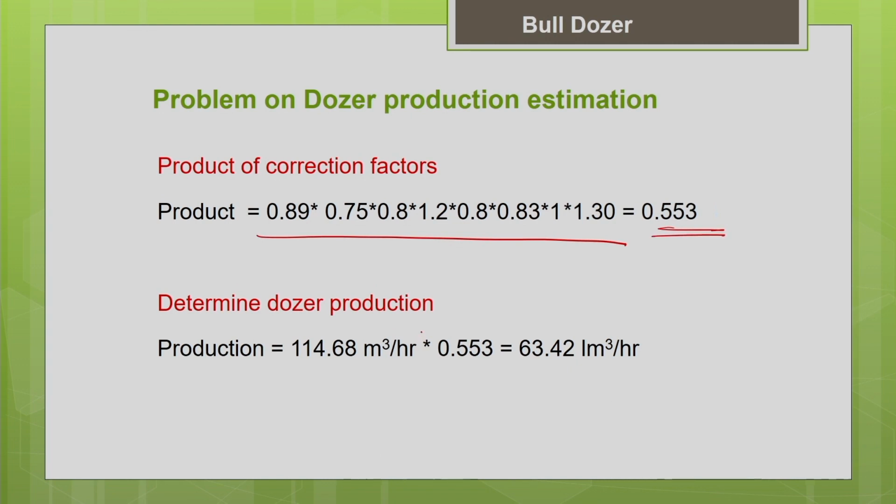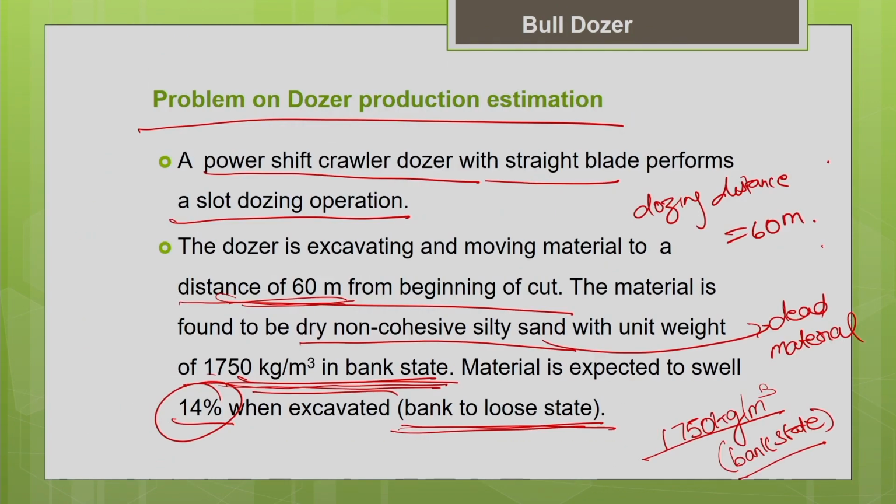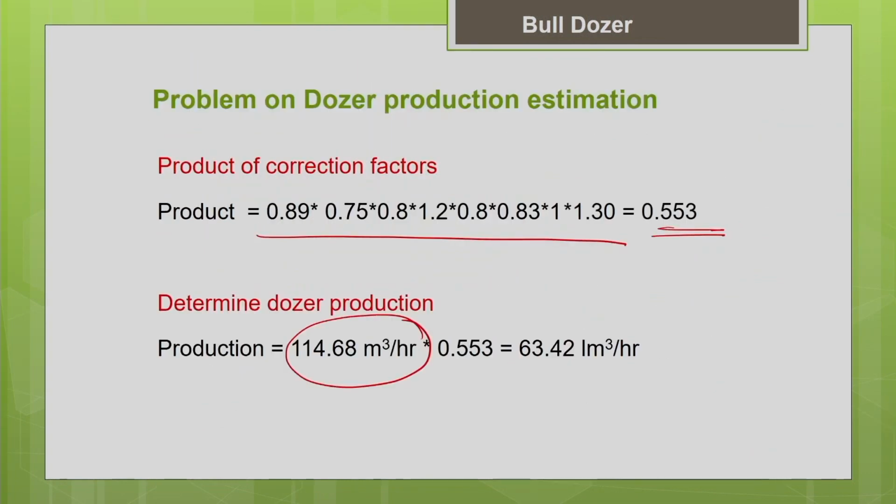So this is the value you have taken from the ideal curve. Hope you remember from the ideal curve. From the actual ideal curve supplied by the manufacturer, I have taken the value as 114.68 loose meter cube per hour. So this 114.68 loose meter cube per hour, I am adjusting according to my project conditions by applying these correction factors.